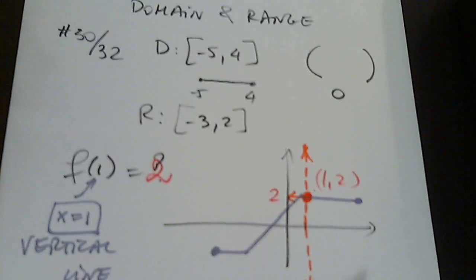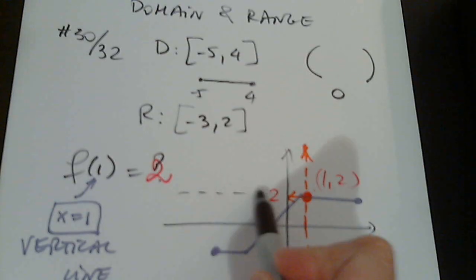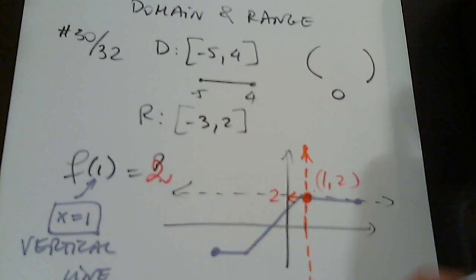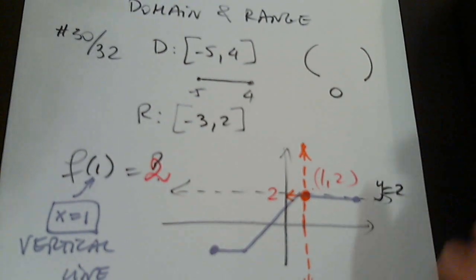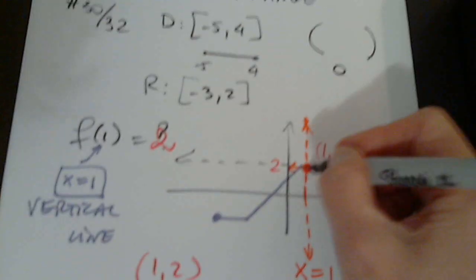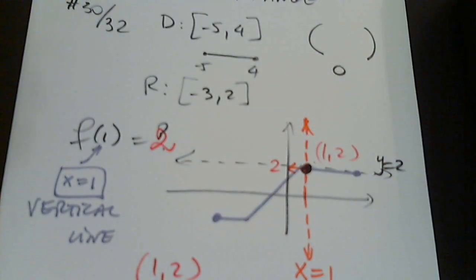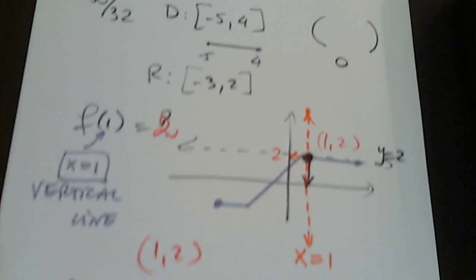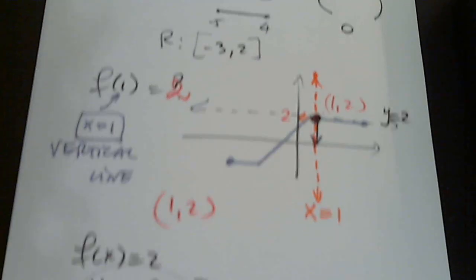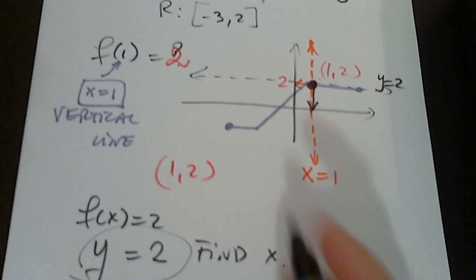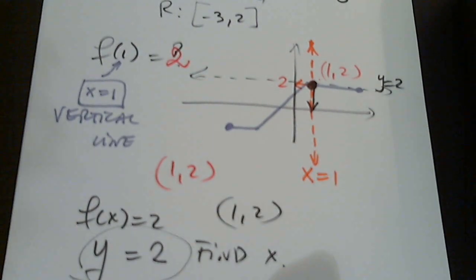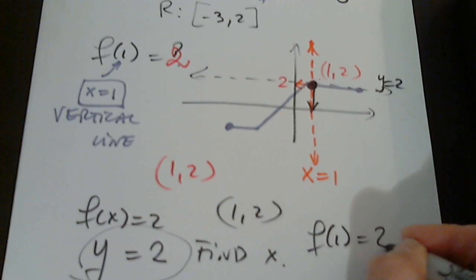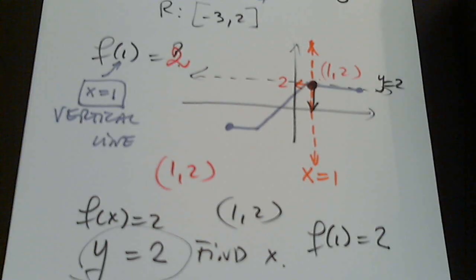Or imagine I graph it. So this is my y equals 2. It happens that it crosses at that point, and I read the x value. So I already have the answer because I already solved the same thing a minute ago. So again, I'm reading from the point (1, 2), which means f of 1 equals 2. So I'm assuming we get the same thing. We'll see.